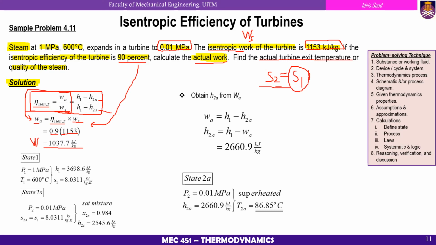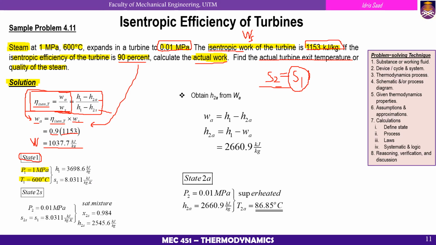Now we go to state number 1. At state number 1, we already have the pressure of 1 megapascal and the temperature of 600 degrees Celsius. Based on this, we have to determine the phase: either compressed liquid, saturated liquid, mixture, saturated vapor, or superheated.